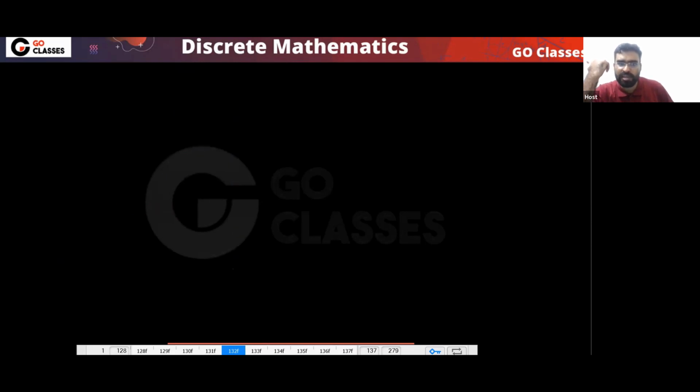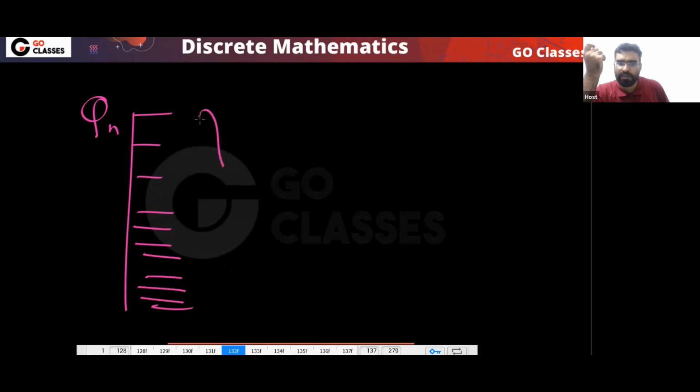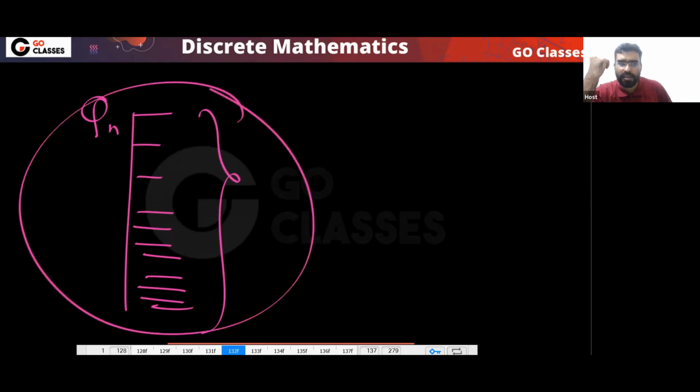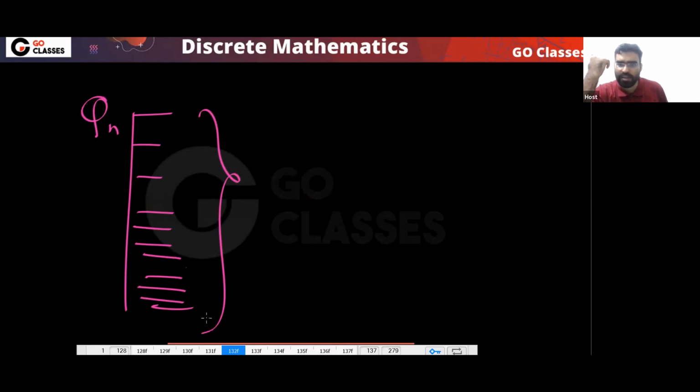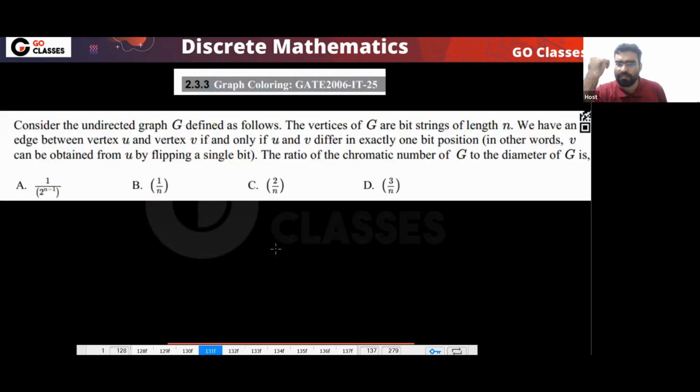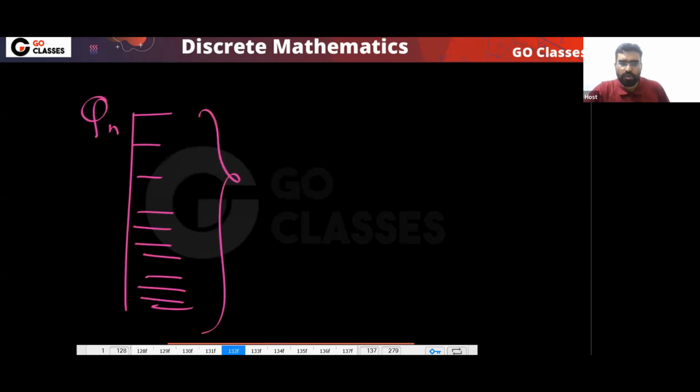In those notes, facts of Qn will be written, back to back, maybe 10 facts. If you only memorize these facts, then you cannot solve this question. First, you have to understand what this Qn is, that this graph is Qn. So never do this.